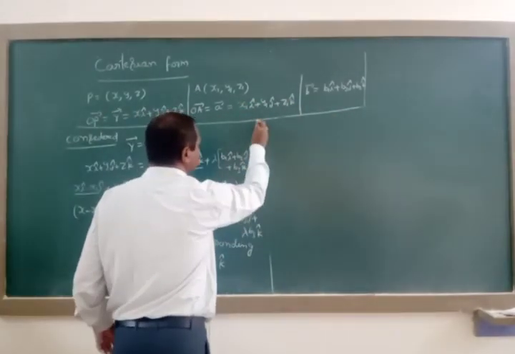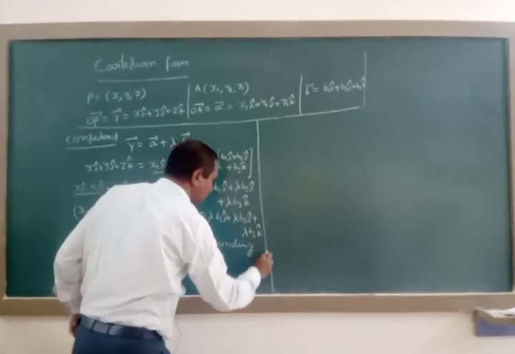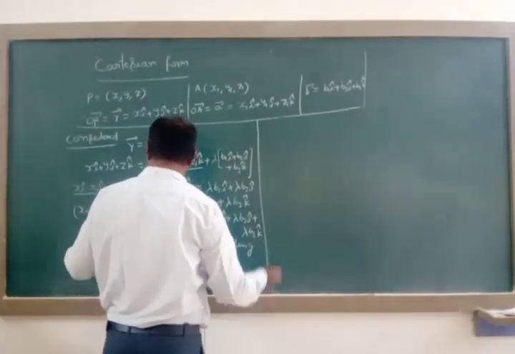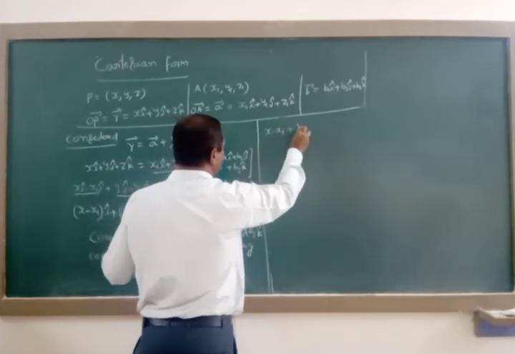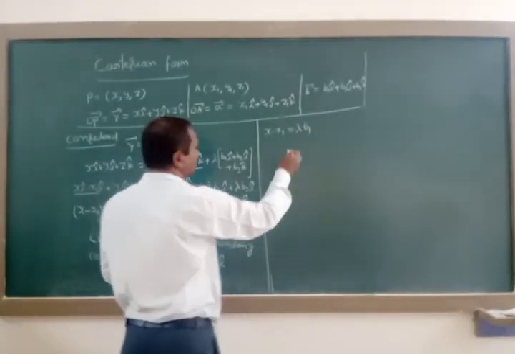See here, first the i cap coefficients: x minus x1 is equal to lambda into b1.